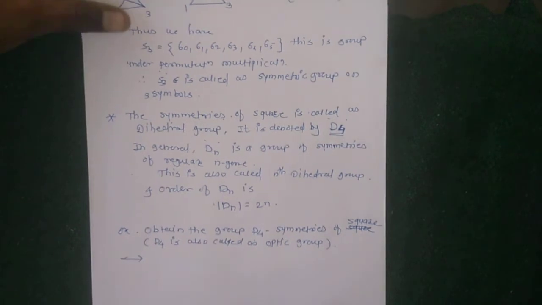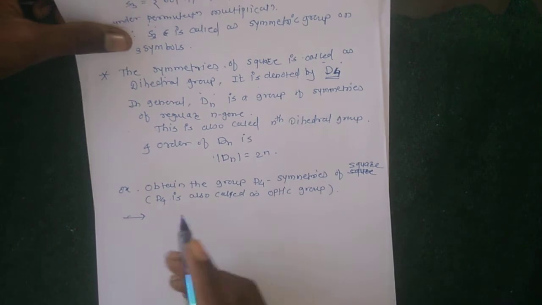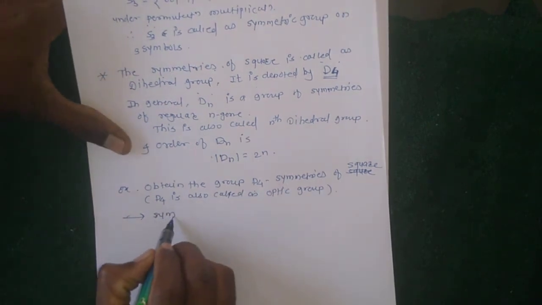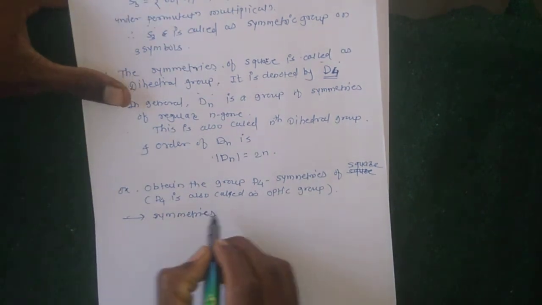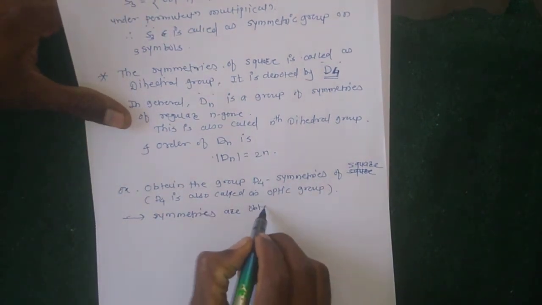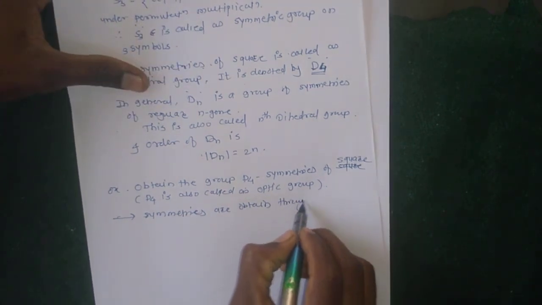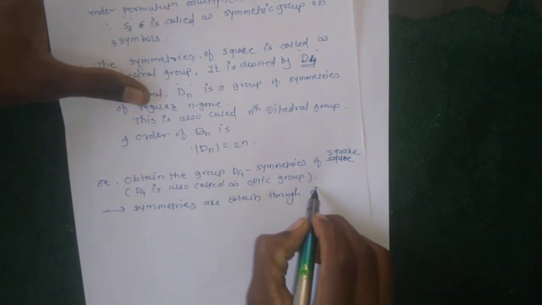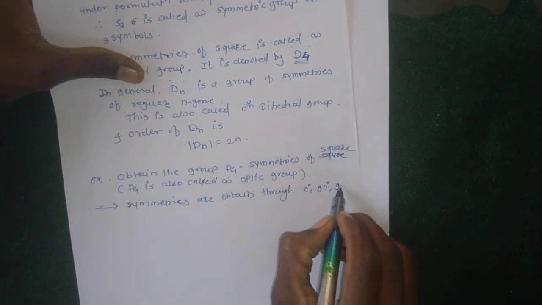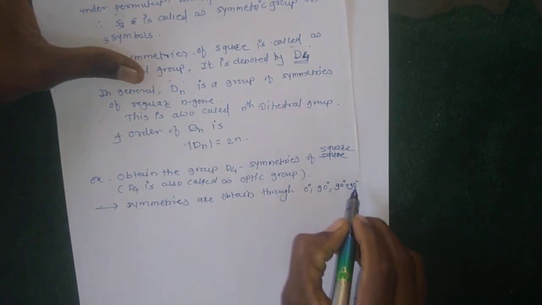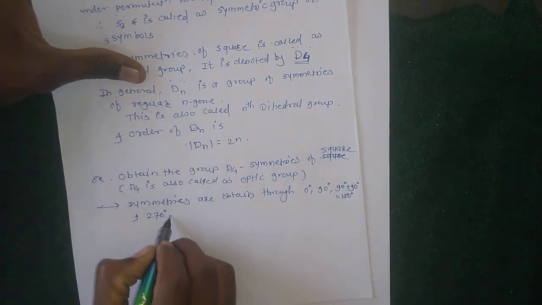So how do we find their permutations? The symmetries are obtained through 0 degrees, 90 degrees, 90 plus 90 equal to 180 degrees, and 270 degrees.